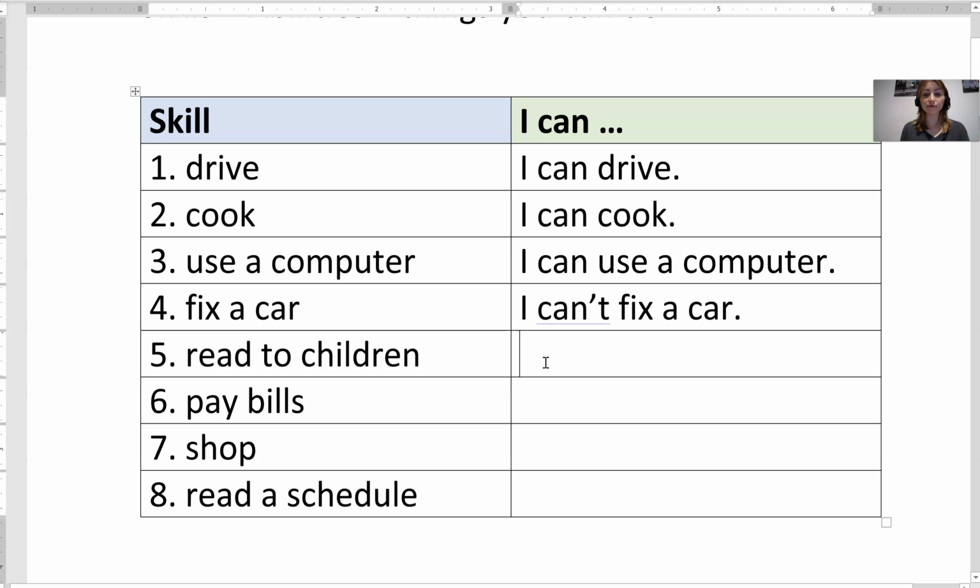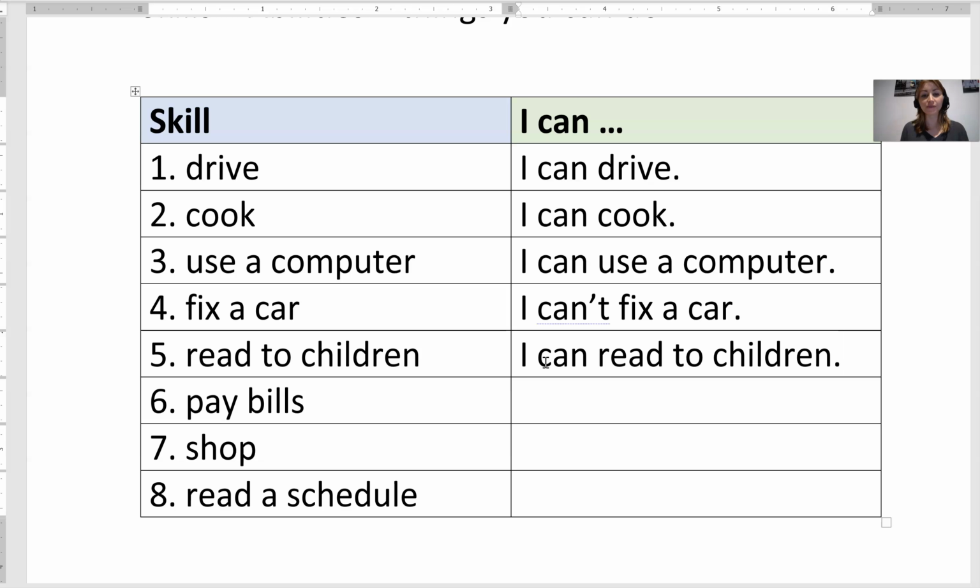Number 5, read to children. Yes, I can do that. I can read to children. Good. Number 6, pay bills. Oh, every day, every day. So yes, I can pay bills. Bills like electricity, internet, water, rent for your living, gas bills, everything you pay.